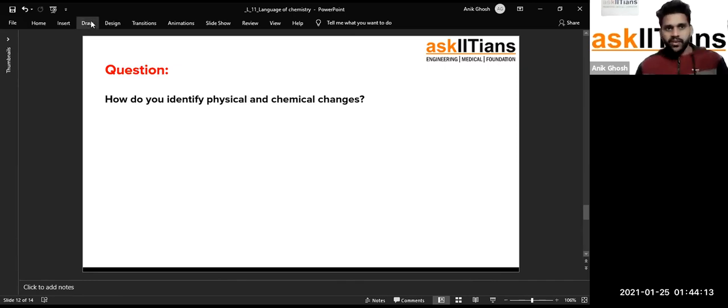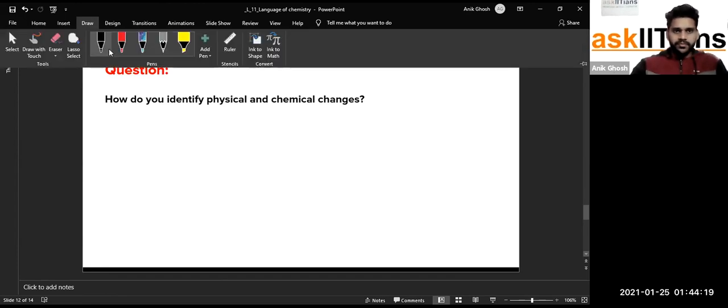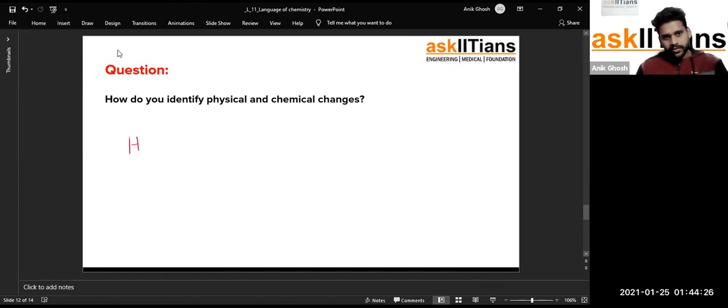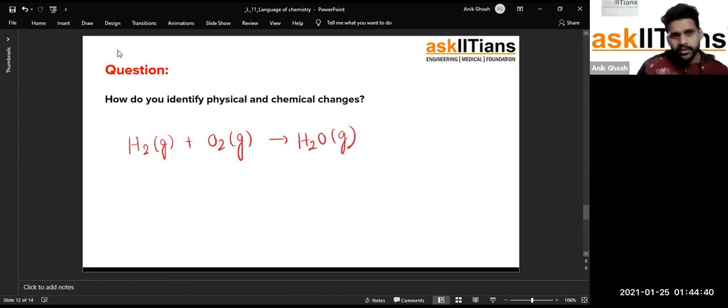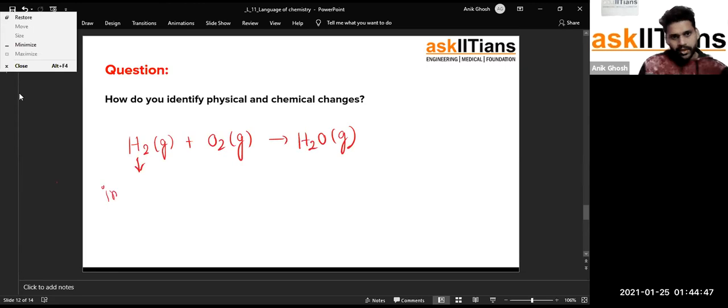So let's consider that you have hydrogen in gaseous state, and you have oxygen in gaseous state as well, to give you H2O. Now hydrogen over here is inflammable.